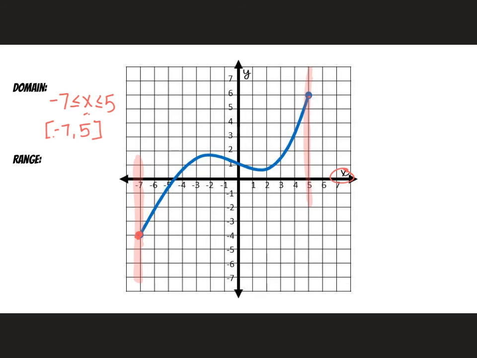Now for the range. The y-axis, the y. The tallest that it gets is right here, and the shortest or the smallest that it goes is right here, and it stops, which means y is in between -4 and +6.